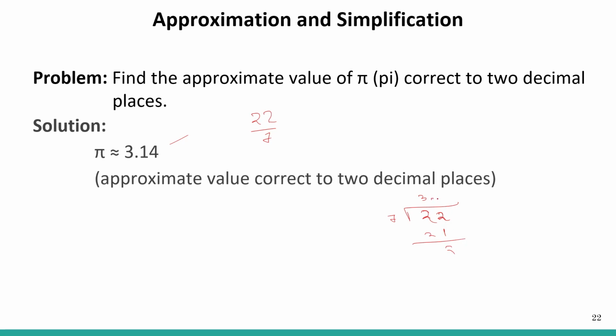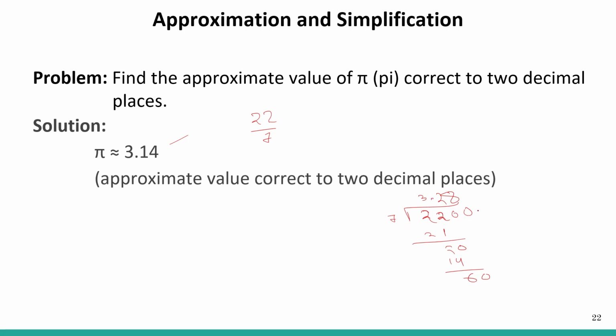Then we put a decimal and a 0, so it will be 20. 7 into 2 is 14, so we have 6. Then we put another 0 here, so it will be 60, and 7 into 8 is 56.